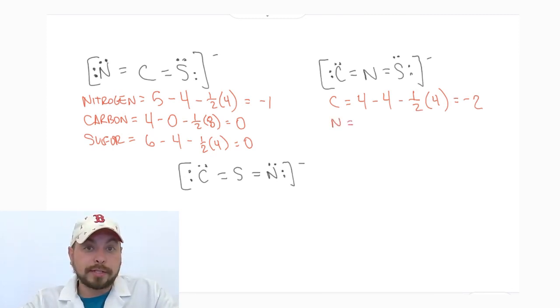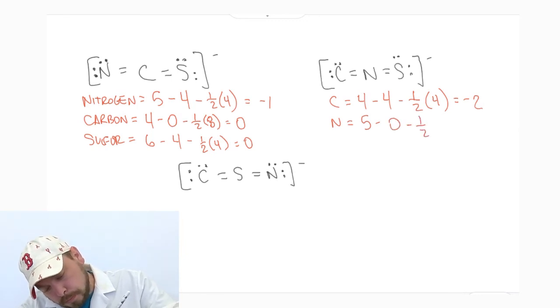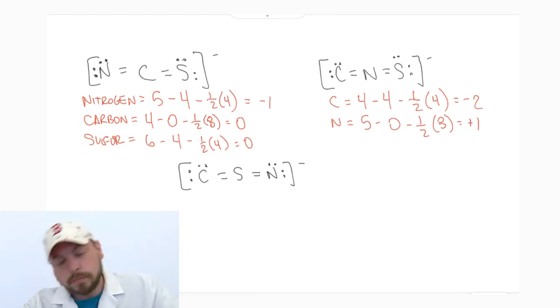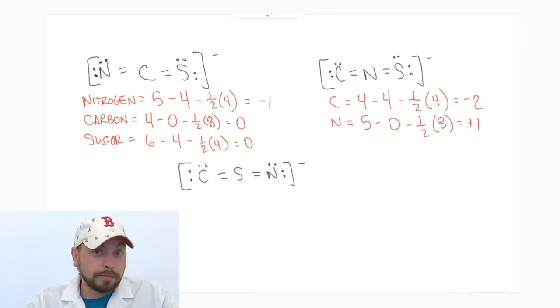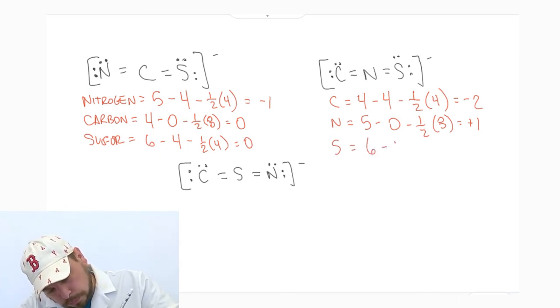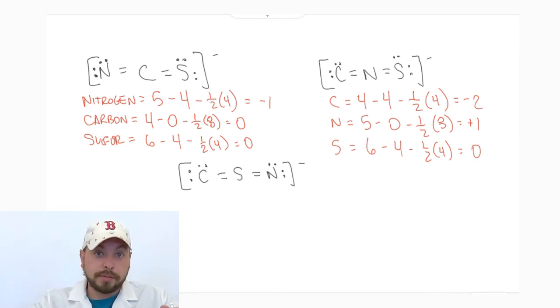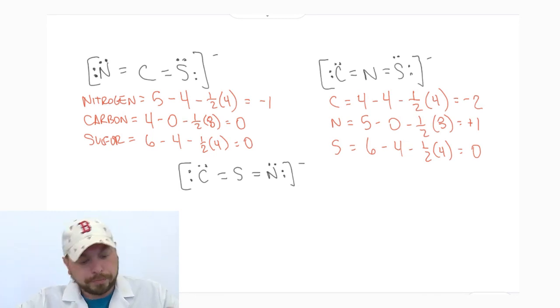The nitrogen in this case is going to be +1. And the sulfur is going to be 0. In the final isomer here, let's take a look at it.